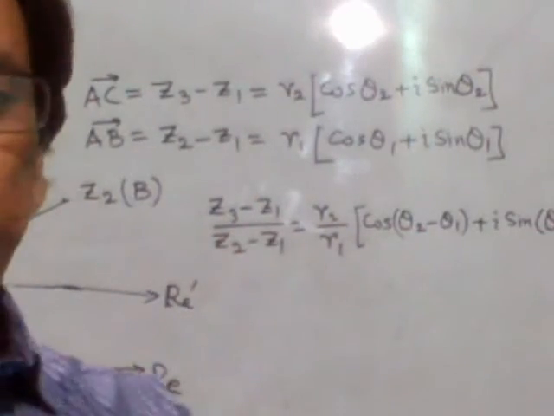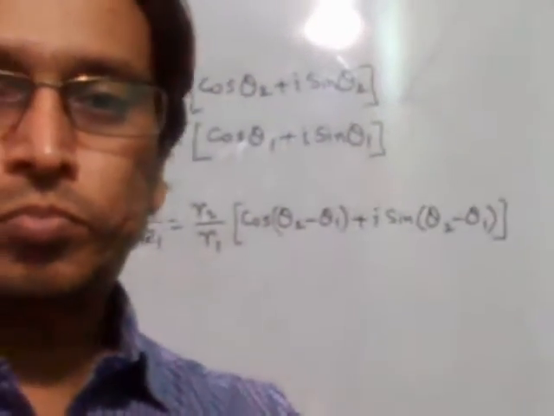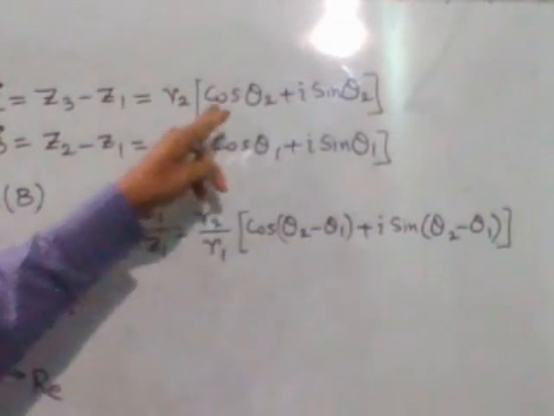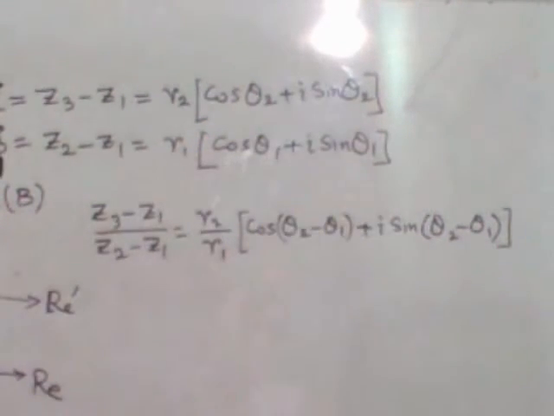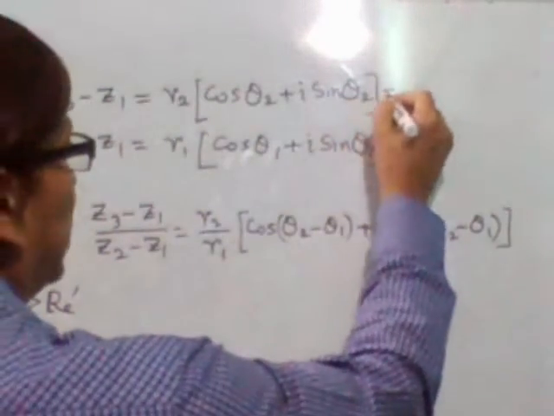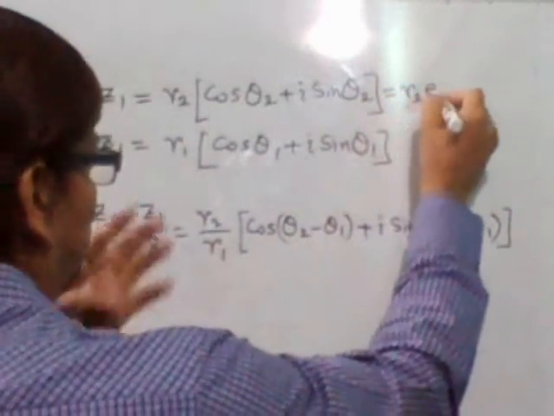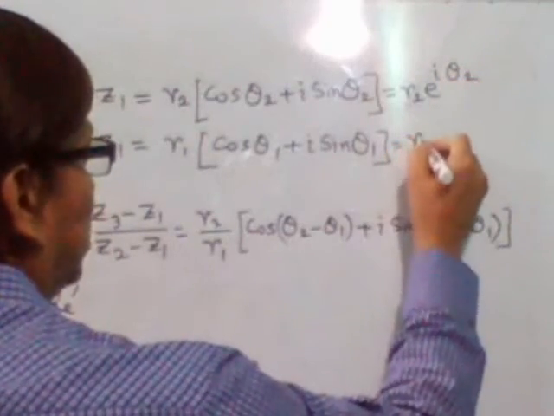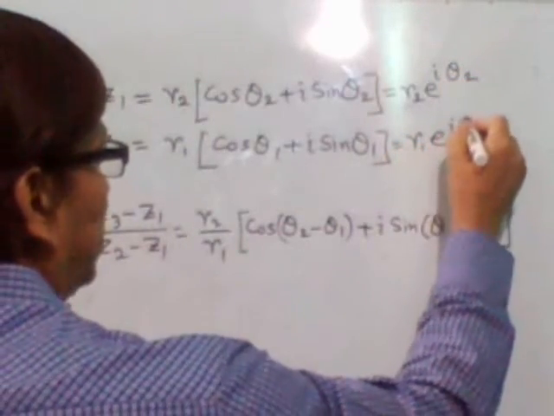Now we are getting this actually from the Eulerian form. This can be written as R2 e to the power I θ2, and this is R1 e to the power I θ1.